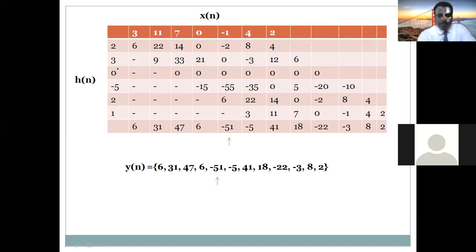Next, what is the impulse? 0. Then before you multiply, in the first case, no shift here. Next multiplication, we shift by 1. Next multiplication, we shift by 2. After shifting 2 times, again multiply the impulse with each input sample.